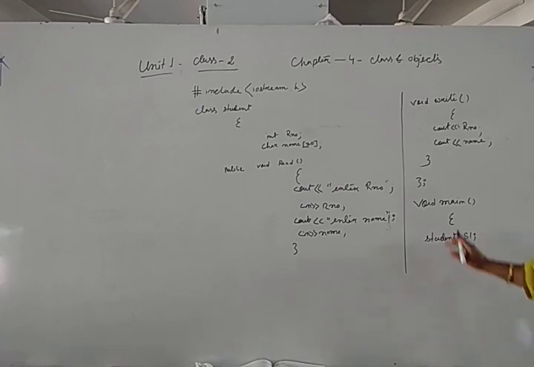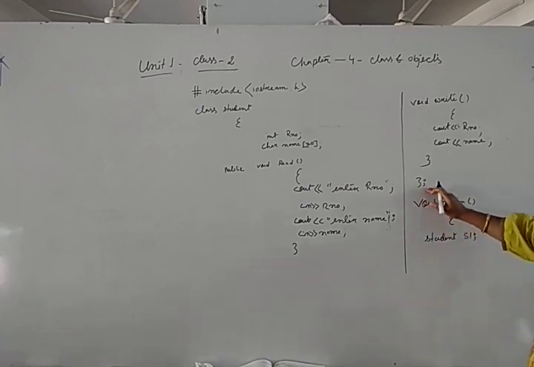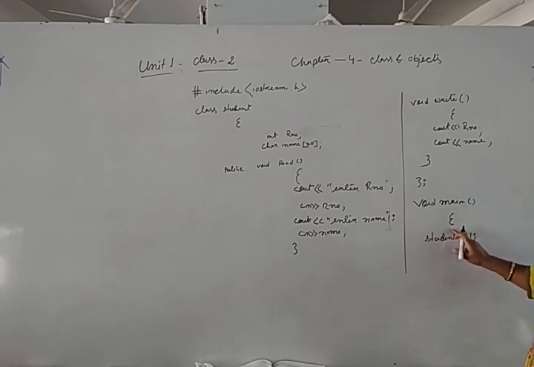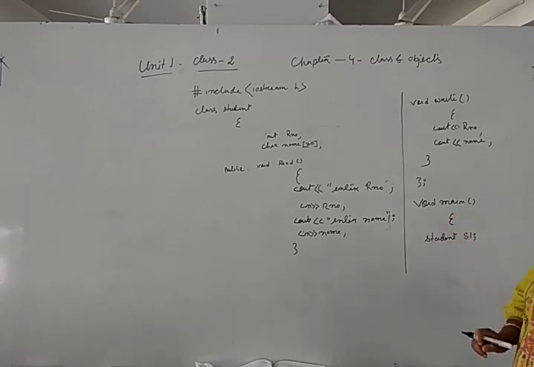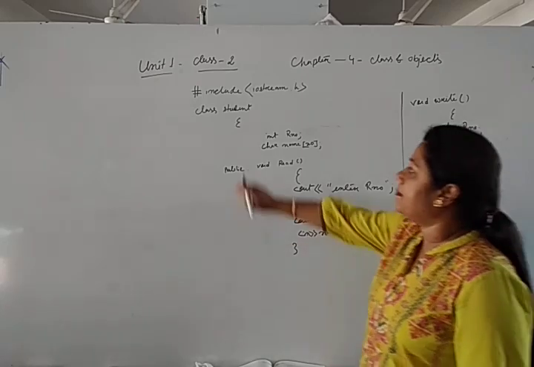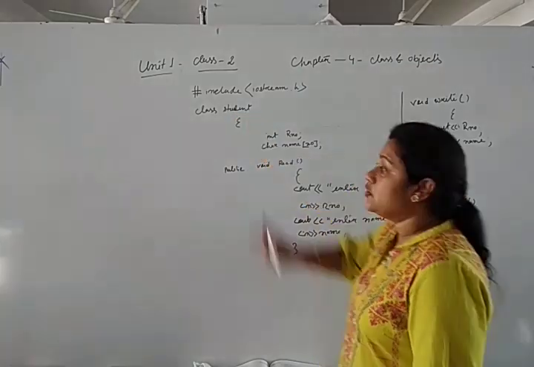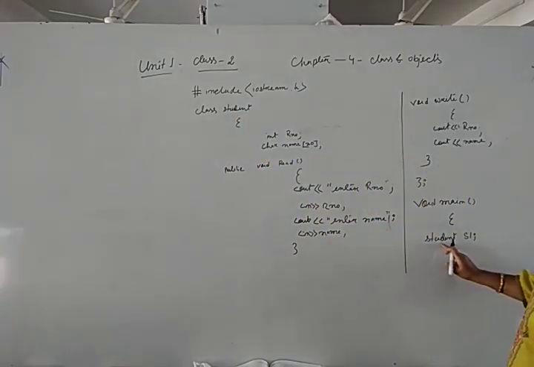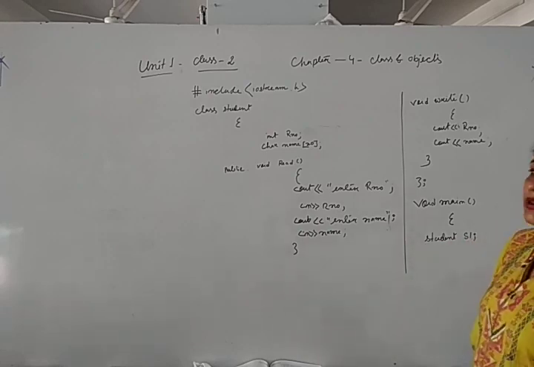So after the class specification you start the main function, begin the main function, and you declare the object of that particular class using the class name. For my example here my class name is student, so here I declare one object using the class name, student S1.